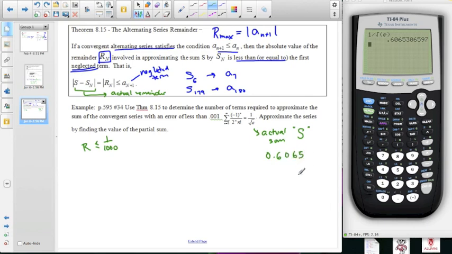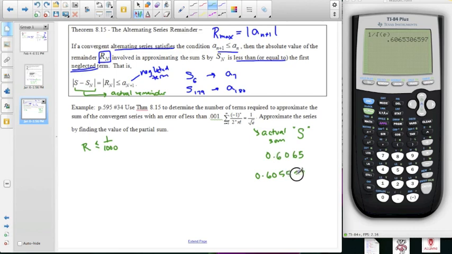0.6065. Okay, and so if we're going to be within 0.001, that means we're going to be within 0.6055 to, excuse me, I said that wrong. We're going to be, no, that's right.